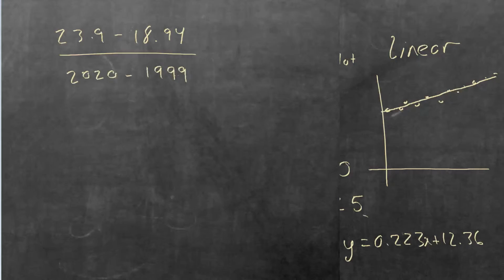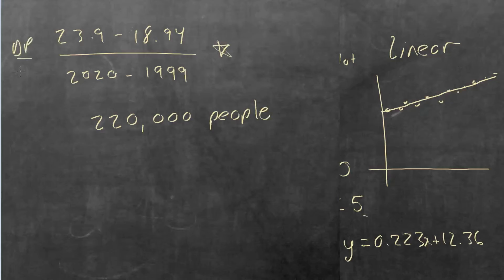I believe we should get somewhere around that 220,000 people mark. Showing this delta p over delta t work is very important in this chapter.